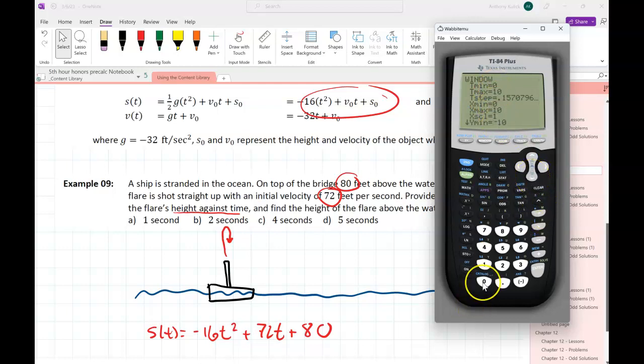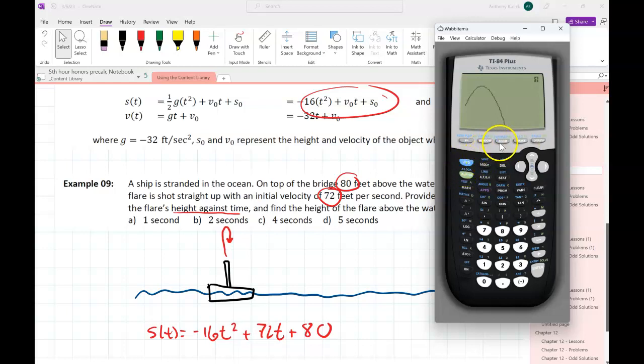And the y is going to be the height, so that's going to get pretty tall, because it's starting at least at 80. Maybe like 200 or something. And then I'm going to hit graph.